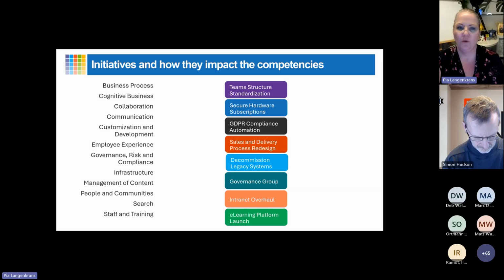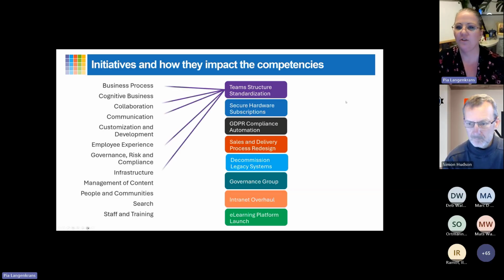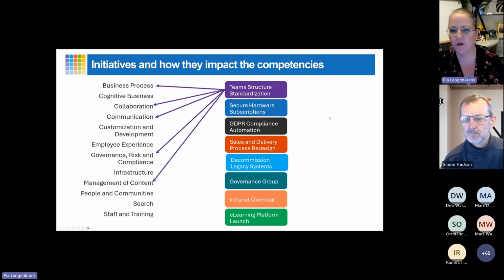So we have these initiatives that they took a decision on, and then we're just looking at, okay, what happens? Doing the team structure standardization affects business process, collaboration, communication, governance, risk and compliance, and management of content.